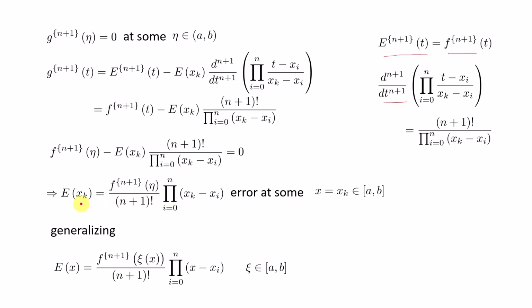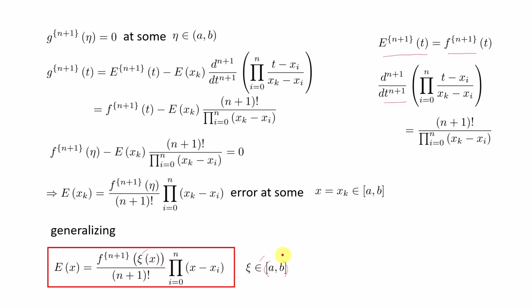If I generalize it for x, for any point I take, I'll get the n plus 1th derivative at some point which we don't know, multiplied by this product, where this xi is within this interval AB, but where it is we don't know. So this is the general expression of error.